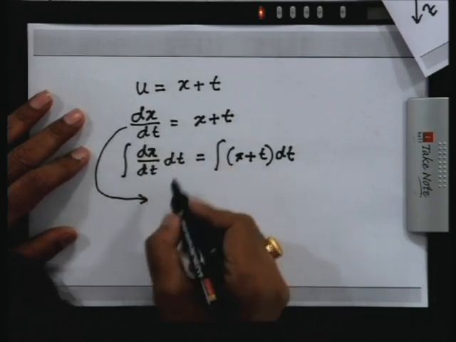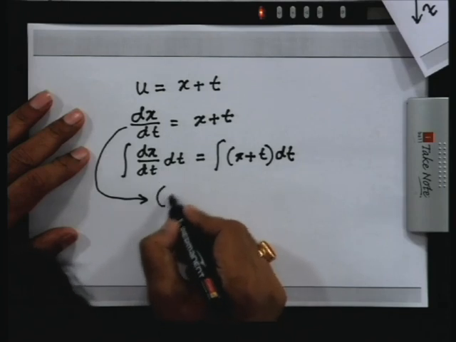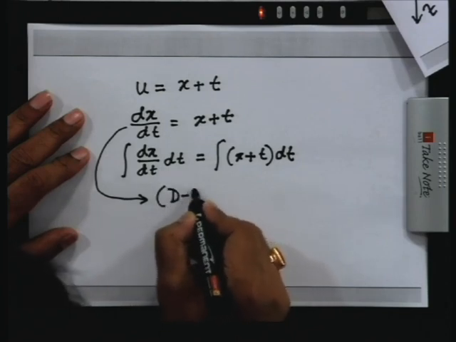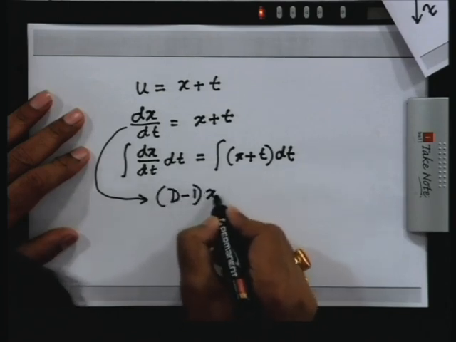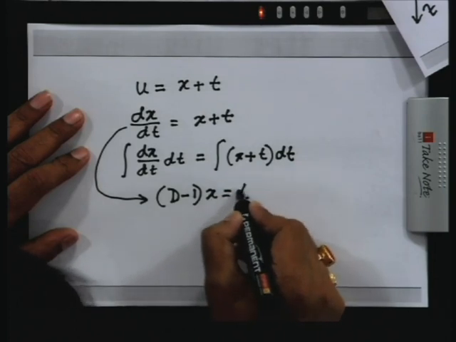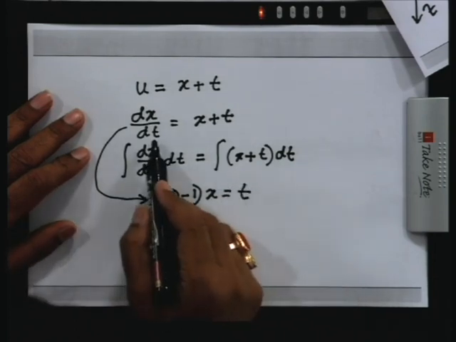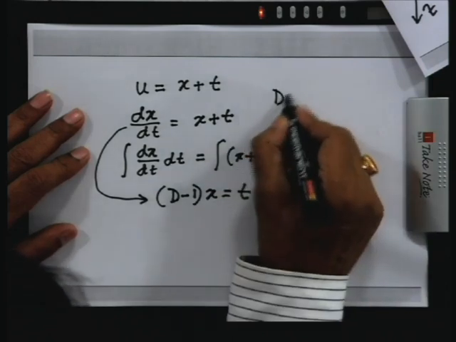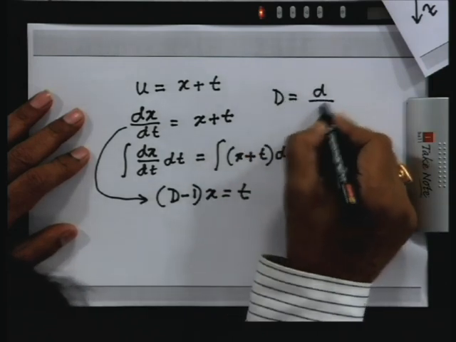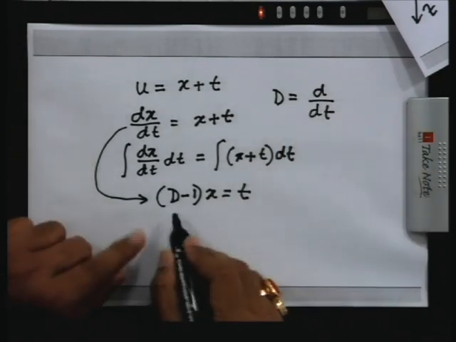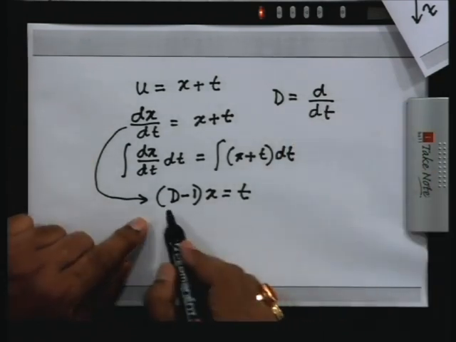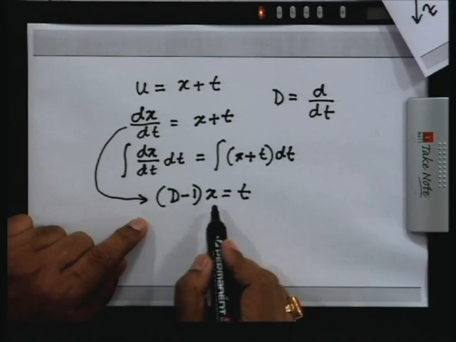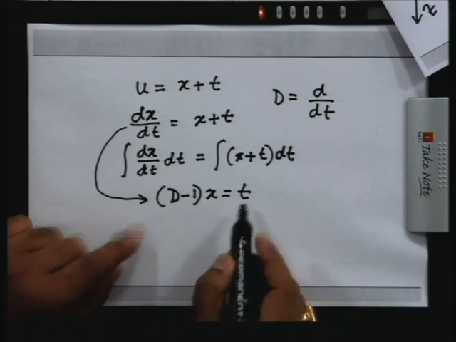So if you write dx dt minus x, we write this way, (D minus 1) x. This is the way of writing. This is a linear first order differential equation where the operator D is d dt. Now, this equation, as you know already, is very simple. It has got two solutions, the complementary function and the particular integral.